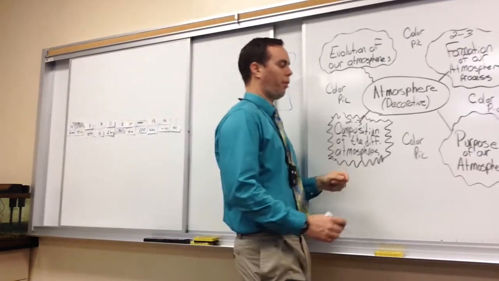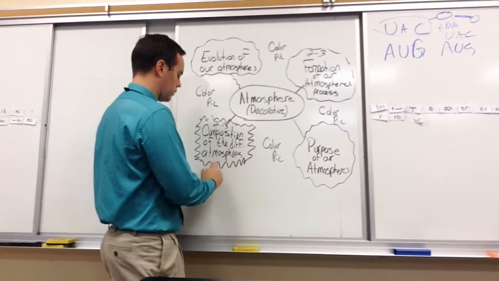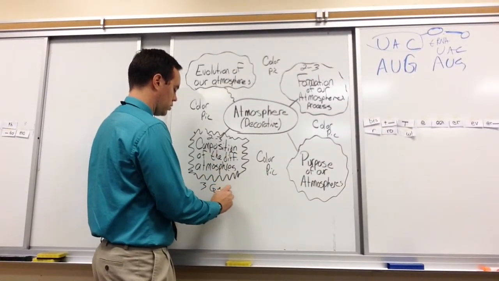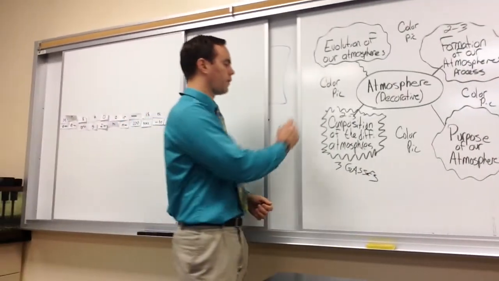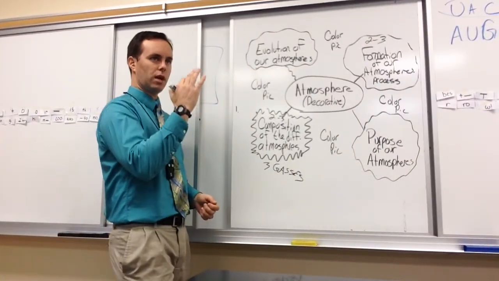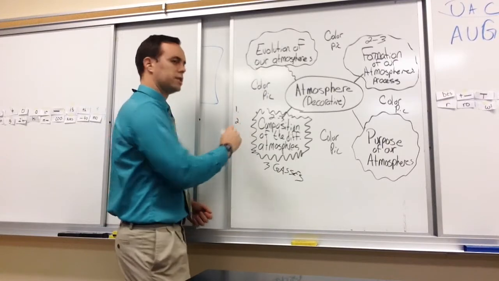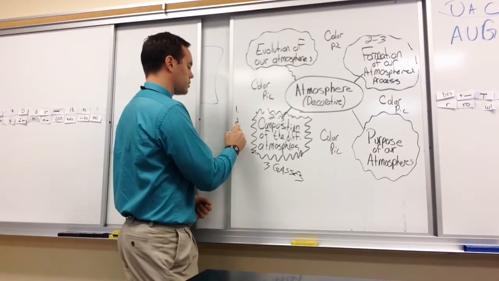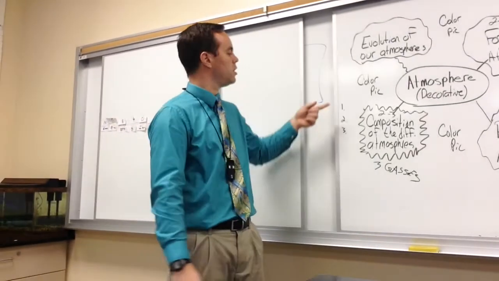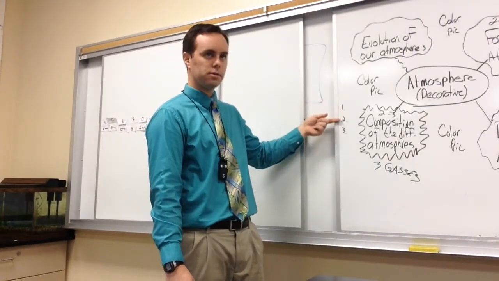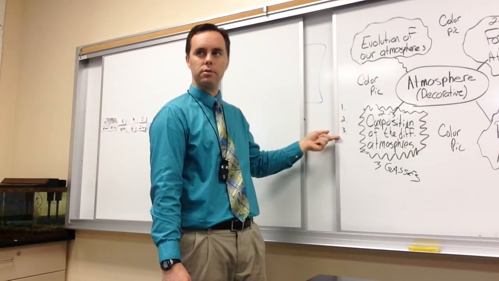So give me the top 3 gases in each atmosphere. So, really we've got our first atmosphere, which was made of those really light gases. Our second atmosphere, that was from outgassing, which turned into our third atmosphere when photosynthesizers got here. So I'm looking for top 3 gases in each, right?